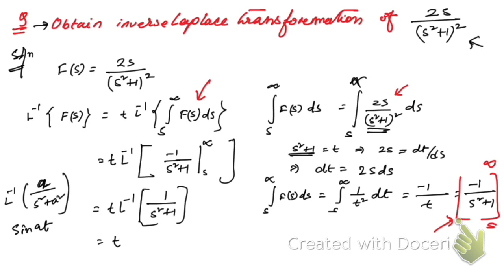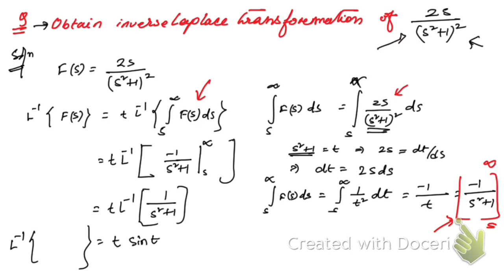Sine at, and here the value of a is 1, so that's going to be sine 1 into t, that means sine t, right? So this is what we have got. So this is the inverse Laplace transformation of capital F of s, and capital F of s is this, that is 2s by s square plus 1 whole square. So that's how we can obtain using this pattern.